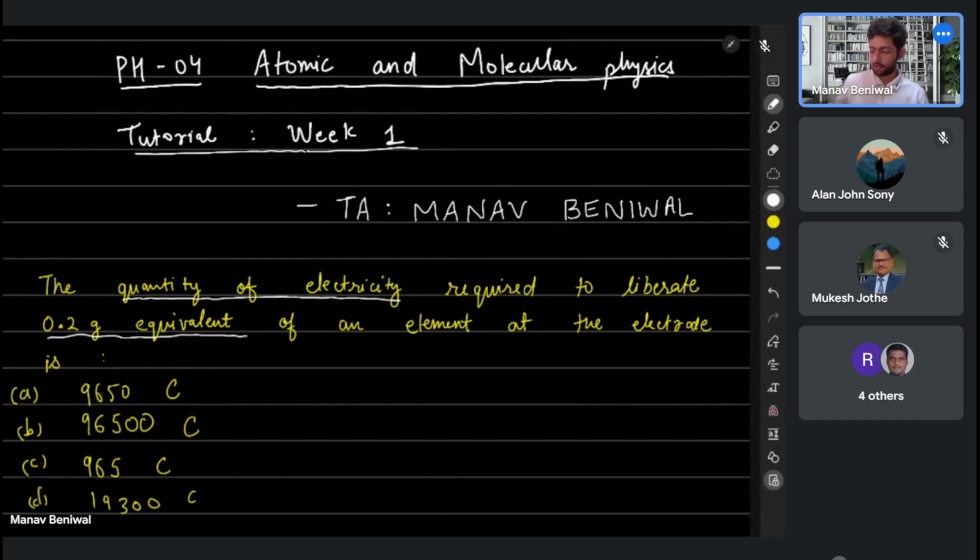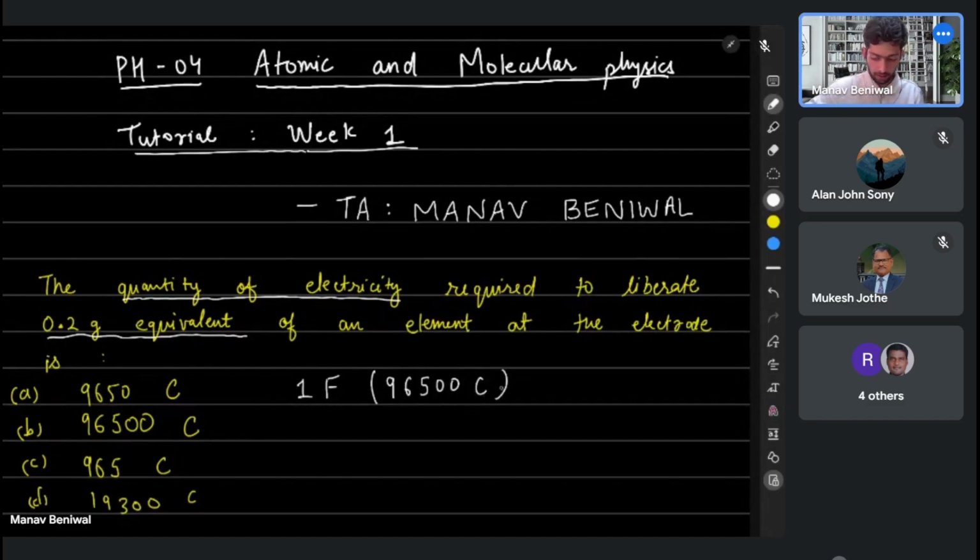Okay. So as discussed in the class, we know about 1 Faraday. What is 1 Faraday? 1 Faraday, which is written as F, its value is 96500 coulomb, roughly.